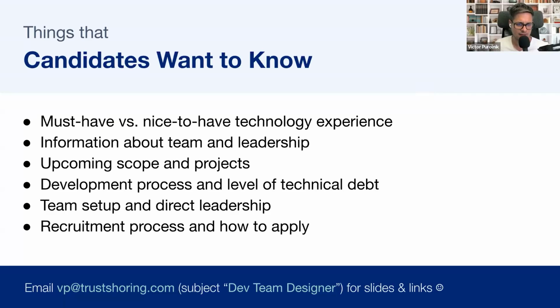But also, what is the recruitment process and how to apply? How many stages are there? How many interviews? Is there a coding challenge? People want to know that up front, ideally also with salary brackets, and then they can really make up their mind if they want to apply. A position that doesn't describe that usually detracts more than having it and not being the best fit.